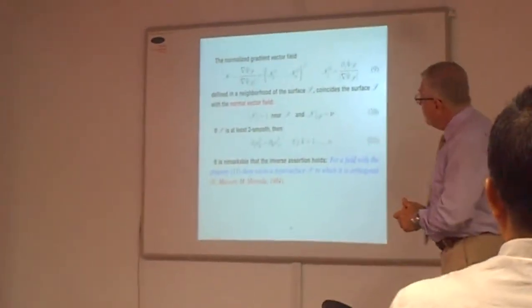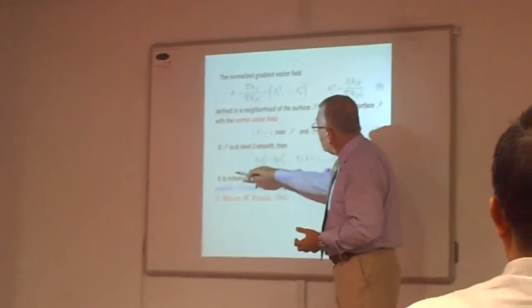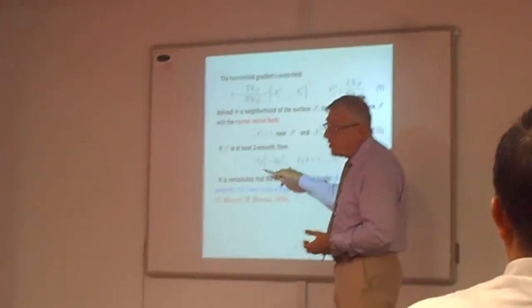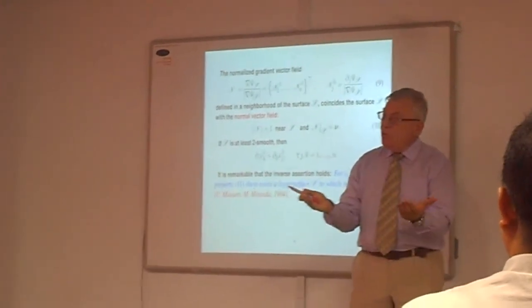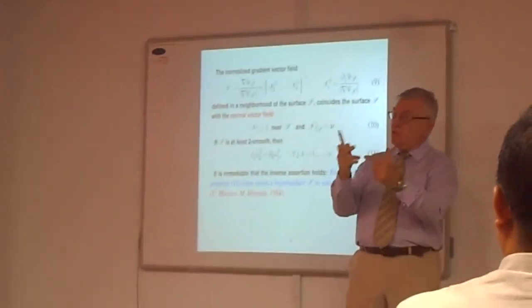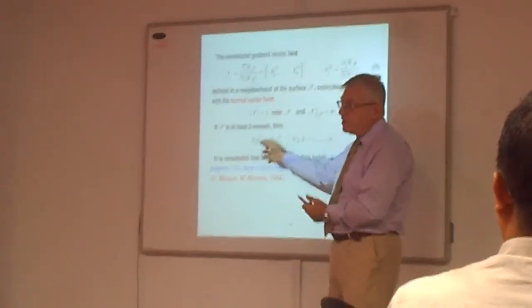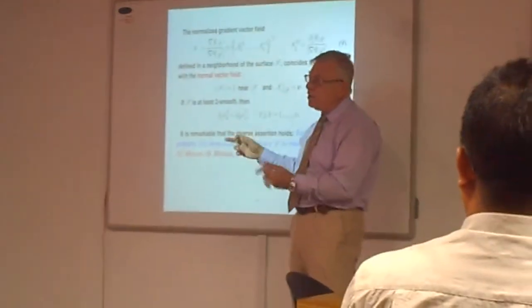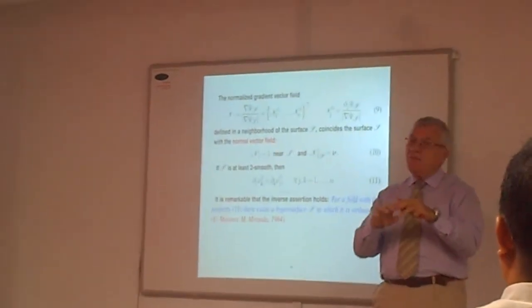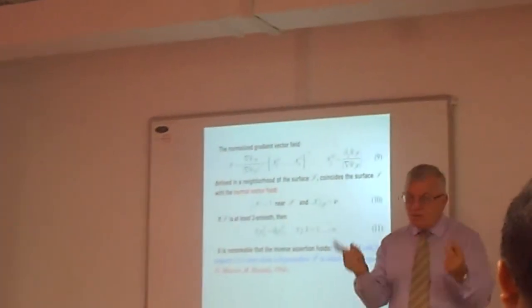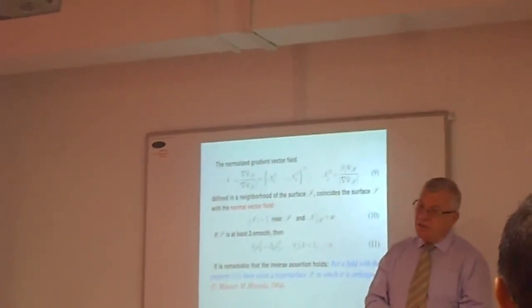And it is very interesting that the converse also holds. If you have a vector field which has this property, there always exists a surface which will be orthogonal to your vector field. So this condition is necessary and sufficient for the vector field to be the normal vector field orthogonal to some certain surface.